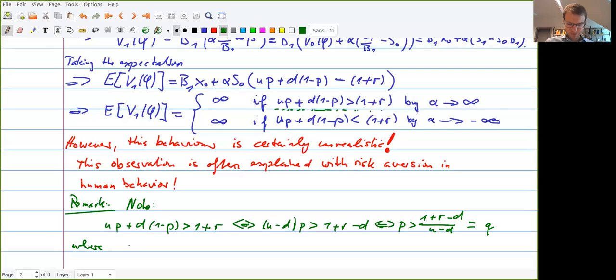So q is the probability under this measure Q that it goes upwards. The equivalent martingale measure.